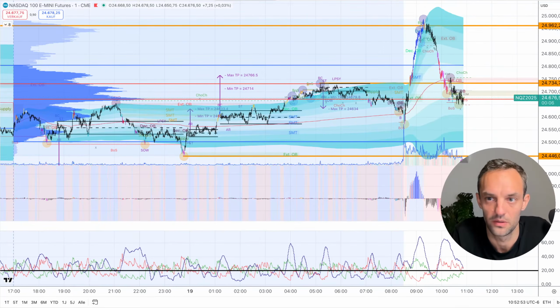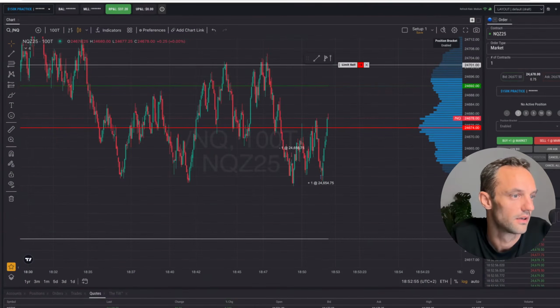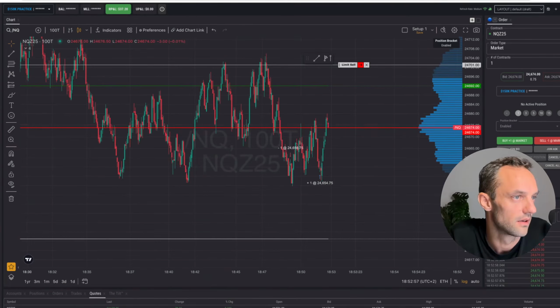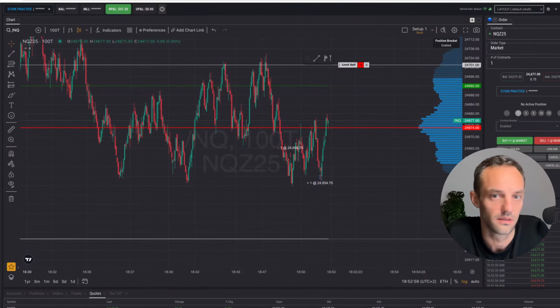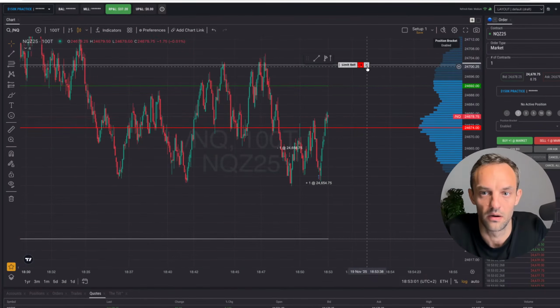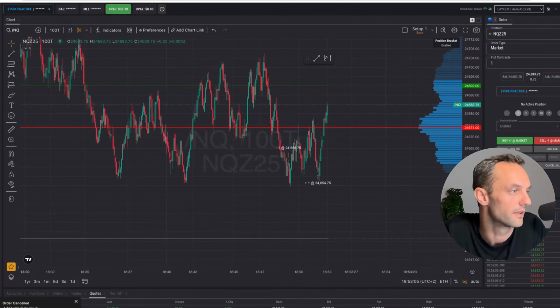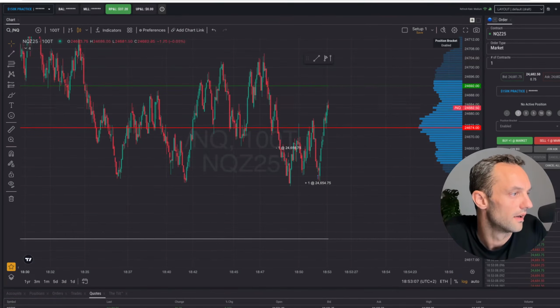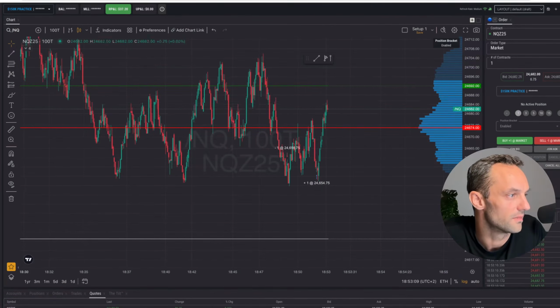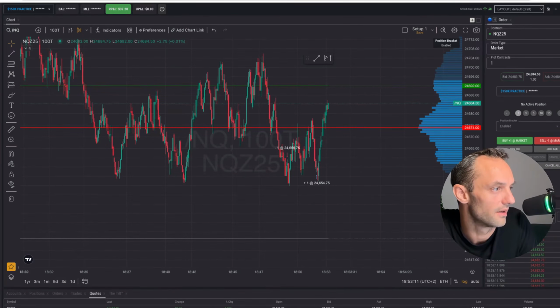So if we want to trade this chop, we need to find good entries, and good entries are at the extremes. Let's cancel all the orders here. Extremes, and then back to point of control. This might be an idea.